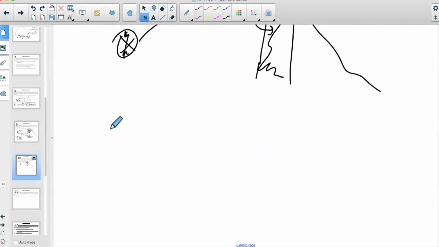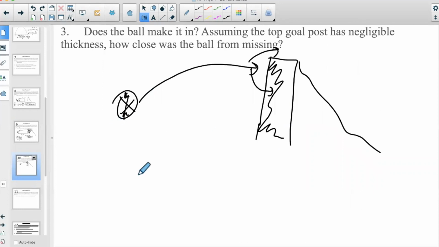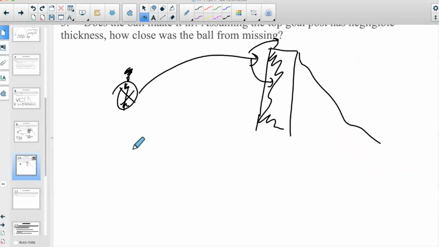And we can figure that out by first realizing that the vertical velocity is changing due to gravity. So we want to know how high it is, right? So we can use the equation delta y is equal to v naught y times t, well, minus in this case, minus 1/2 gt squared.